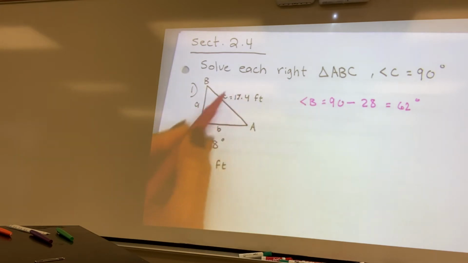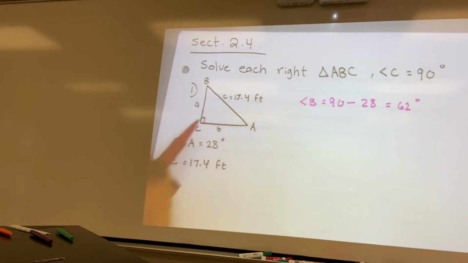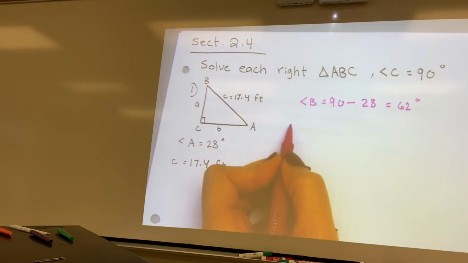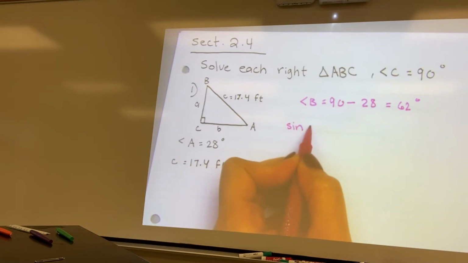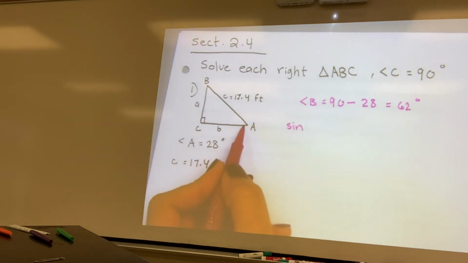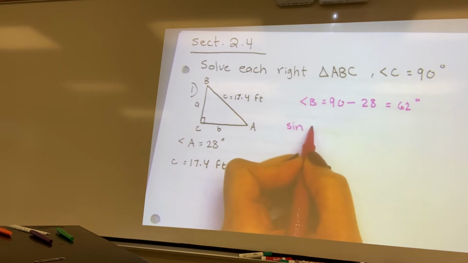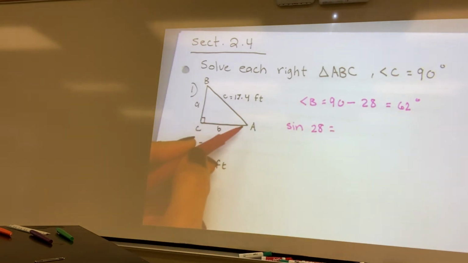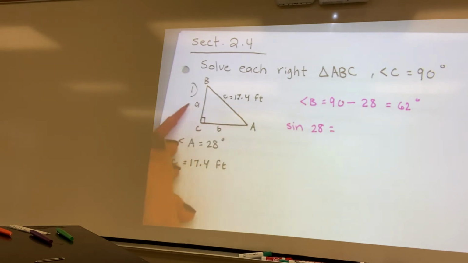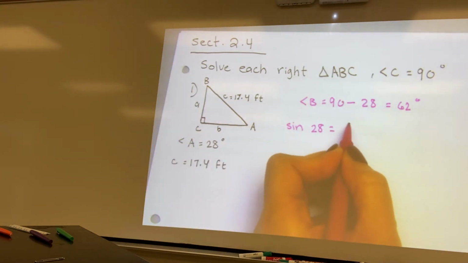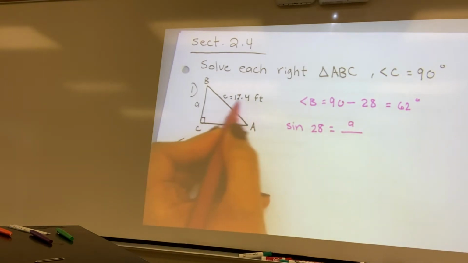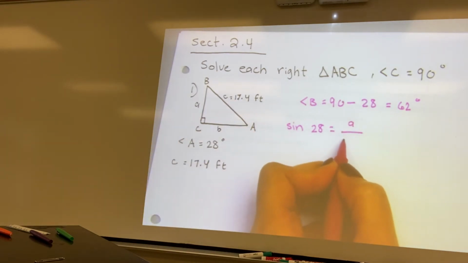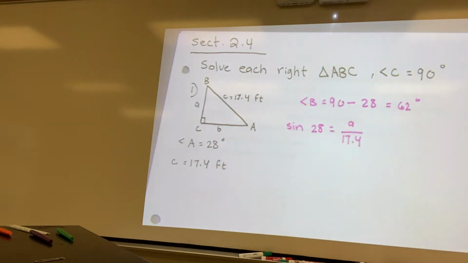I know the hypotenuse, but I don't know the length of side A or side B. So let's apply the sine function here, sine A, which is 28 degrees. And you remember that the sine is the opposite, which is A, over the hypotenuse, and I know that it is 17.4.